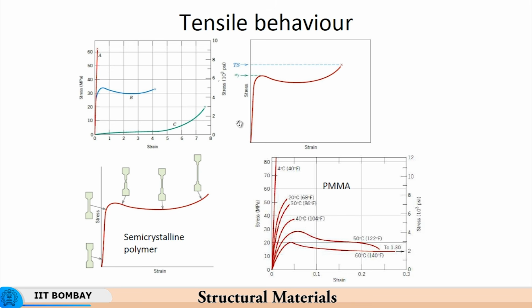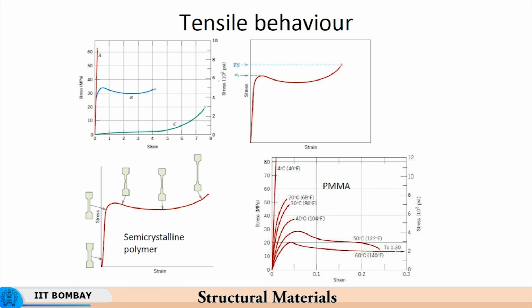Now, unlike metal, where work hardening takes place immediately after yielding, that is, the stress rises with strain after yielding, here it softens, the stress comes down. That is because the polymeric chains tend to open up, meaning uncoil or unbend, or untwist, and therefore there is a rapid increase in the strain at a much lower load.